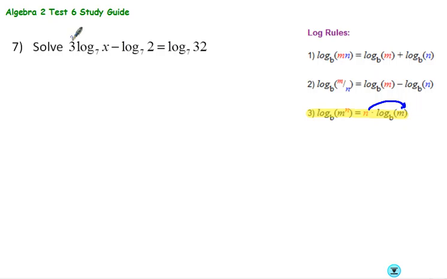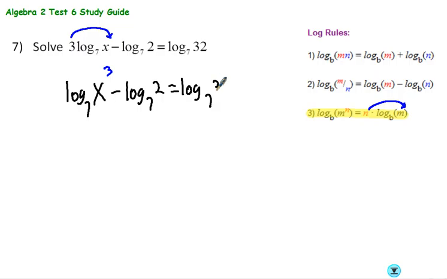So that 3 would come back as an exponent, and I would have x cubed. Actually, that would be log base 7 of x cubed minus log base 7 of 2 equals log base 7 of 32.